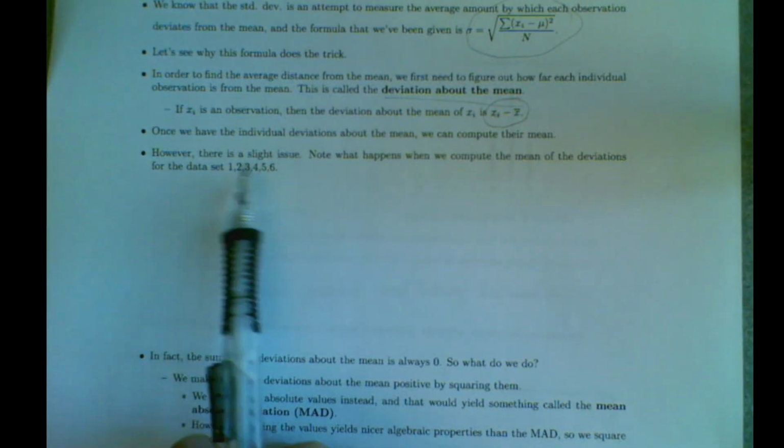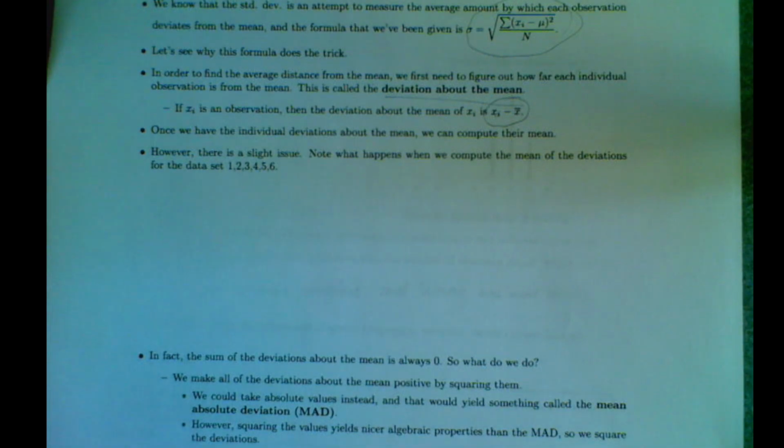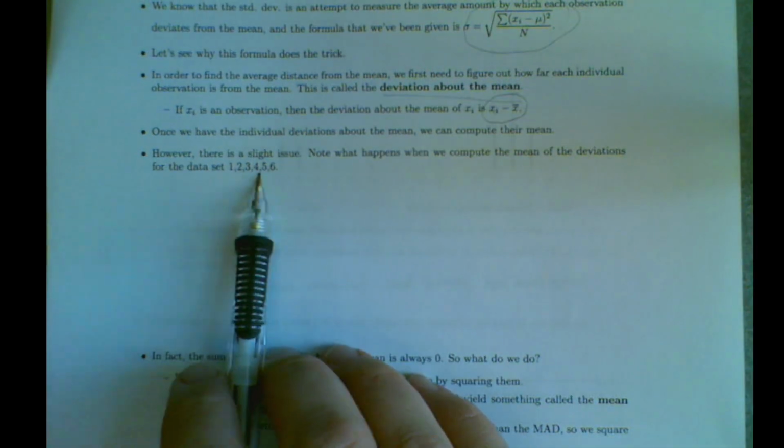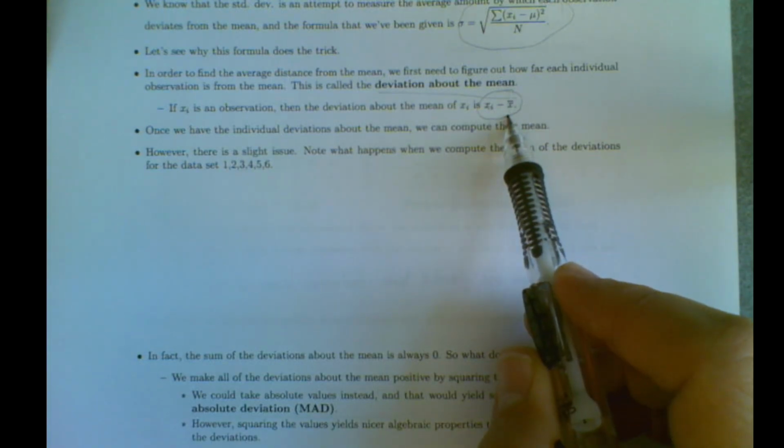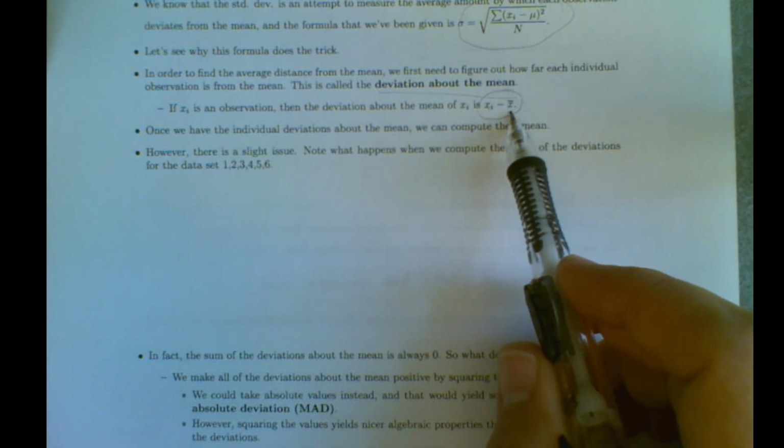But there's a slight issue here. So let's note what happens when we compute the mean of the deviations for this very small data set. In order to compute those individual deviations, we first need to compute the sample mean.